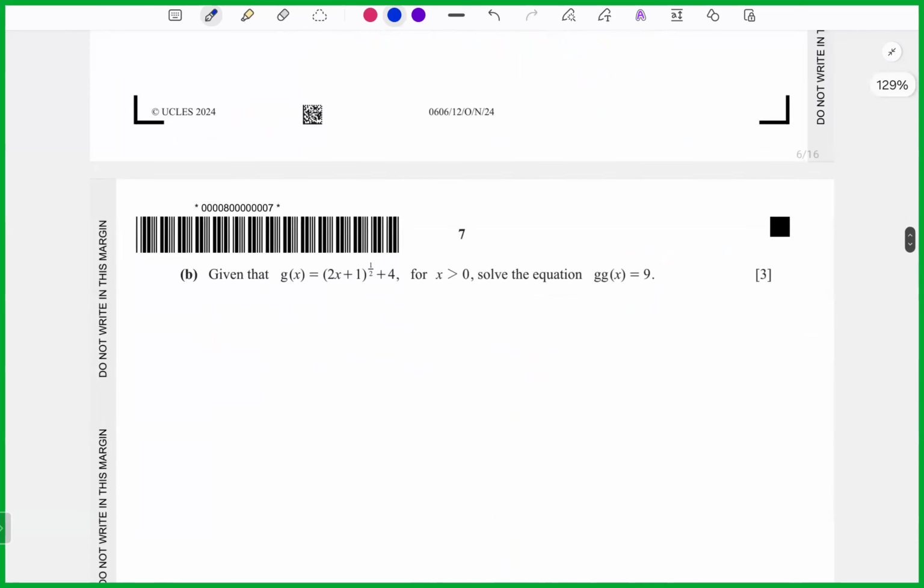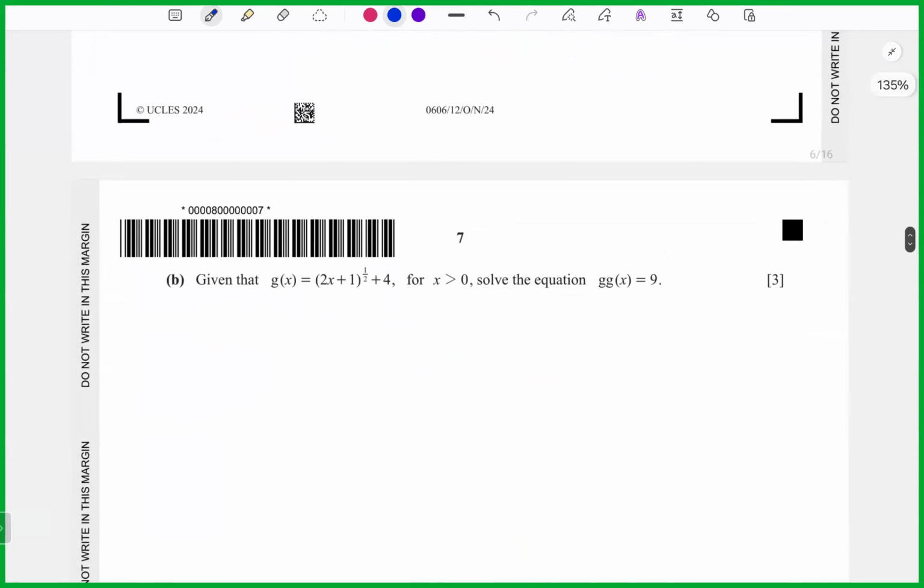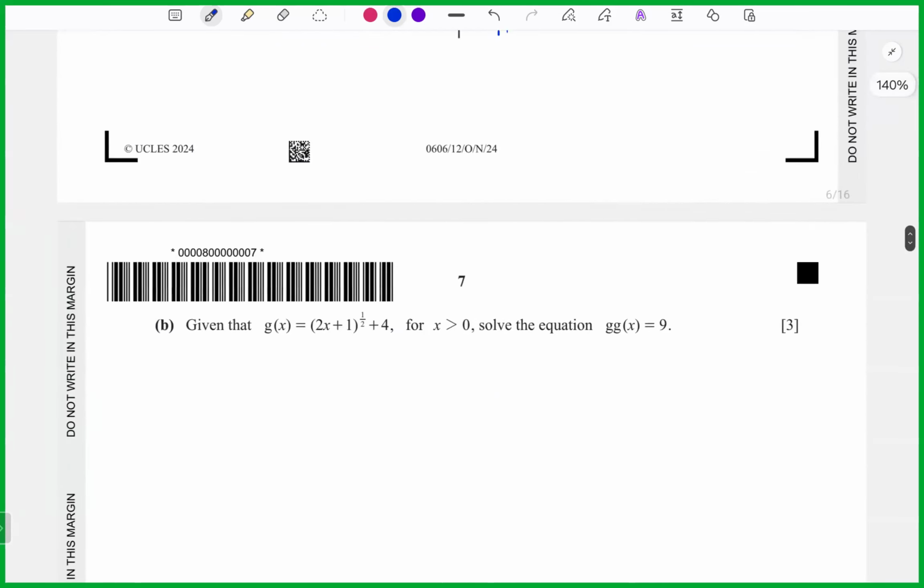Okay, let's see question B. Given that g(x) equals (2x plus 1) to the power 1 over 2, plus 4, for x more than 0. Solve the equation composite gg(x) equals 9. So you need to do the composite functions.